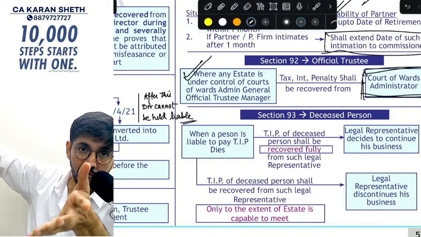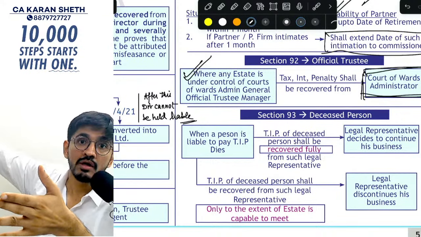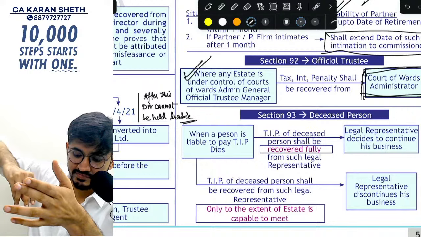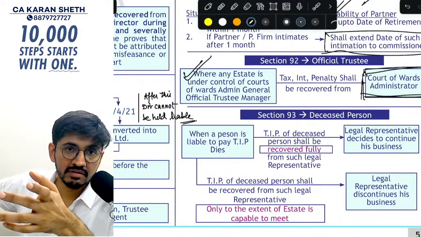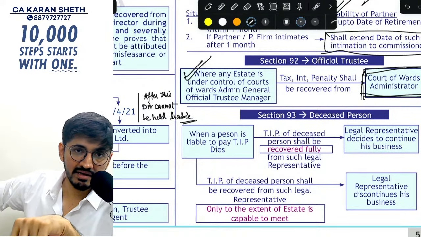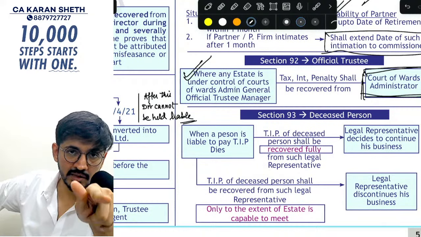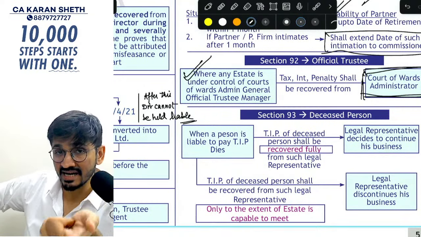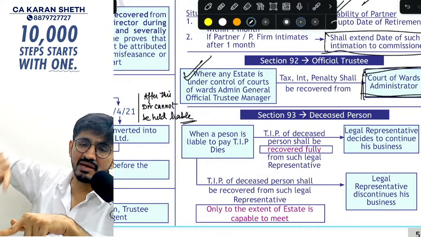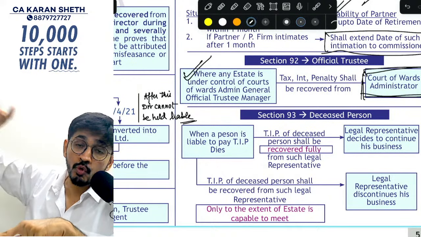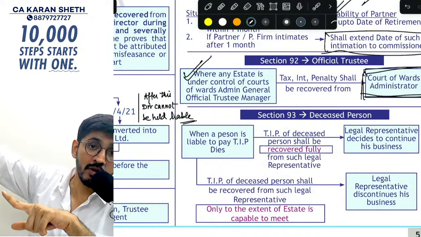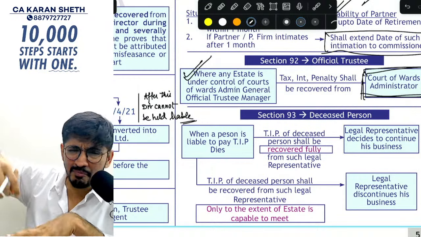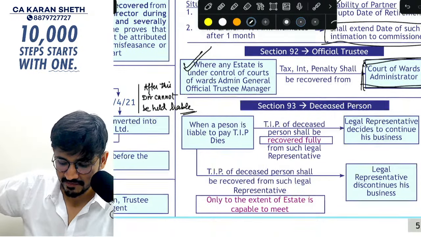Now we don't know whom to give that rent, so the court appoints an administrator, saying, administrator, you collect the rent. And obviously if that is a commercial property, the rent will be charged with GST. So the administrator will collect rent from L&T along with GST and then pay it to government. So whom are we collecting the GST from? Administrator. That's how he will not pay it from his own pocket, obviously.